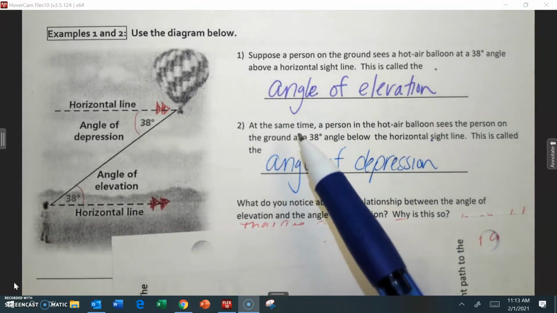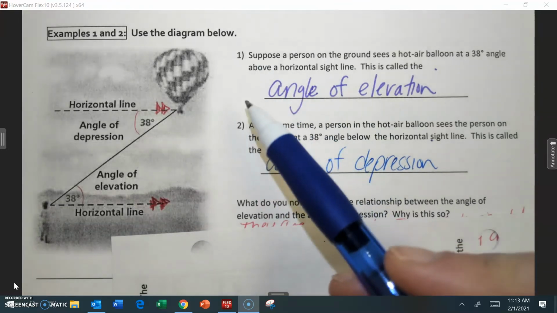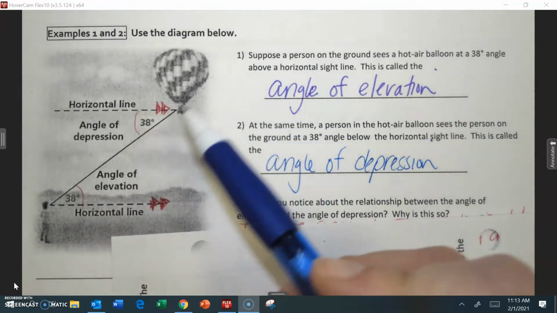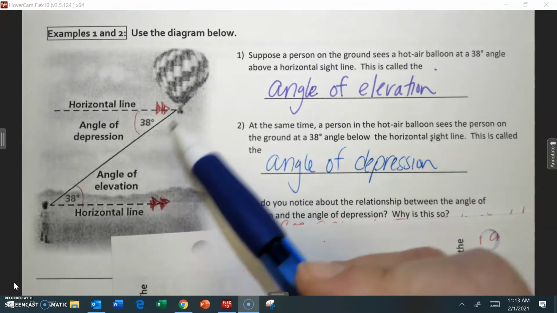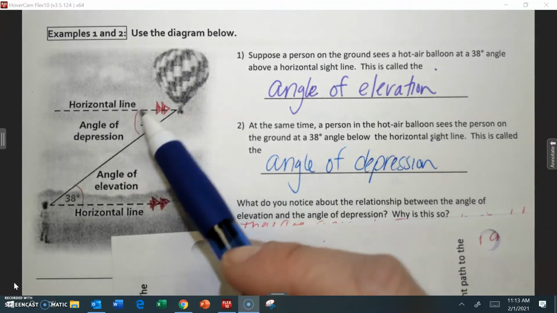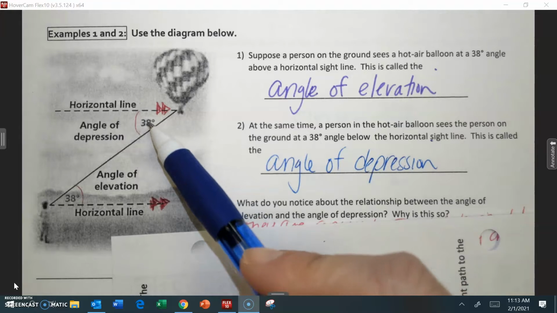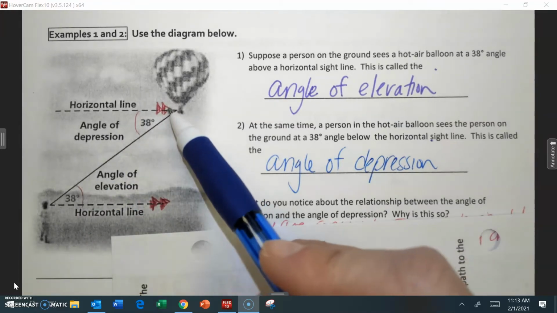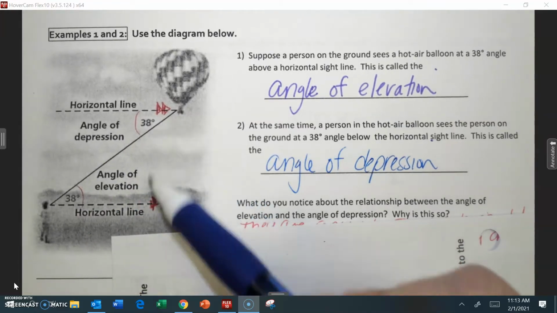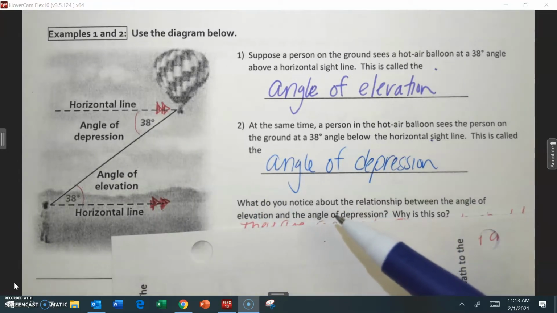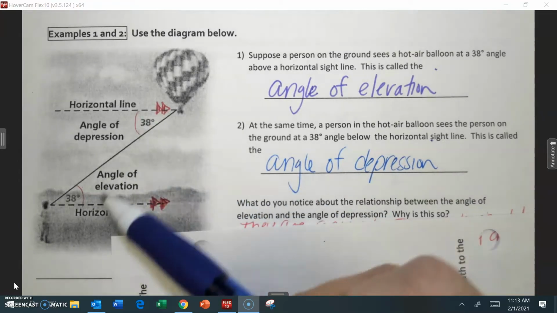But at the same time, a person in the hot air balloon sees you on the ground. And so that angle is called an angle of depression. So it's between this horizontal line and it's looking down. So if you'll notice, these angles are equal. And what I've done is I've marked these, that's just the symbol for parallel. And it says, what do you notice about the relationship between these two angles?